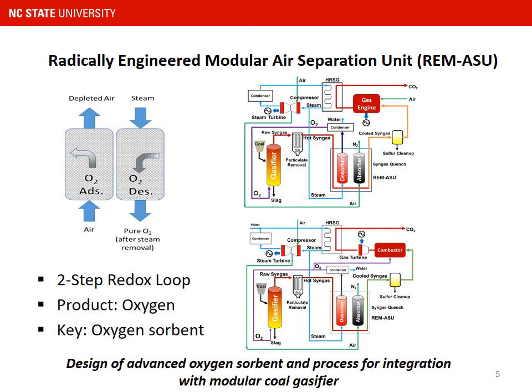And the oxygen can be separated from the steam by condensation. After this process, the sorbent is reduced, which can be reoxidized by passing air through the sorbent, so that oxygen can be stored in the sorbent, and it completes the cycle.